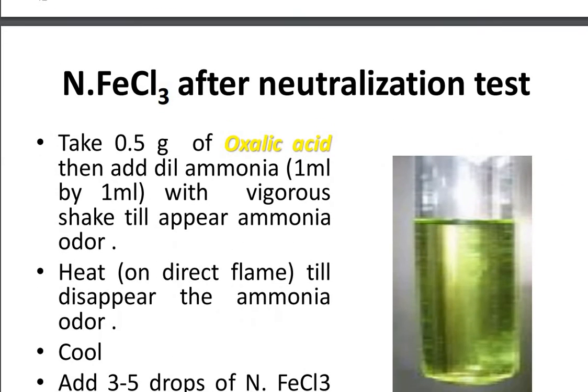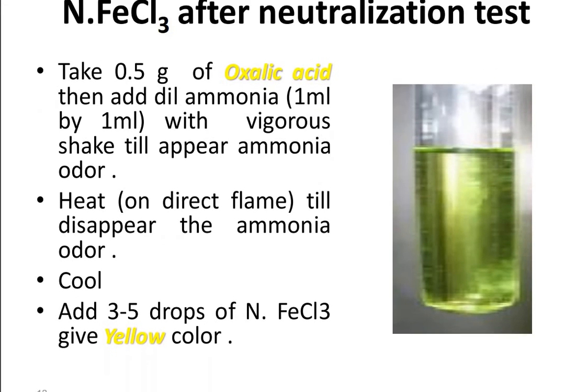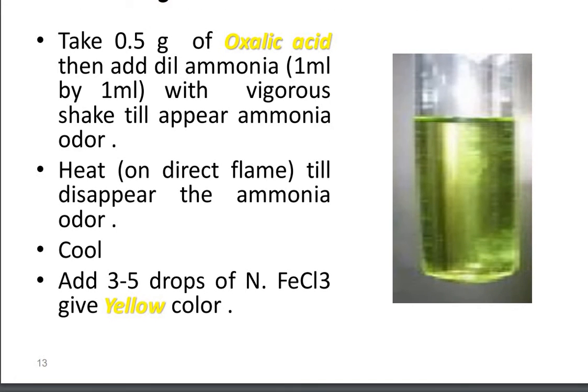Add sodium carbonate powder to the sample solution, gives effervescence. So this is the test. Now, ferric chloride after neutralization test. Take 0.5 gram of oxalic acid, then add dilute ammonia 1 ml by 1 ml with vigorous shake till ammonia odor appears. Now heat on direct flame till the ammonia odor disappears. Cool, add 3 to 5 drops of ferric chloride, gives yellow color.